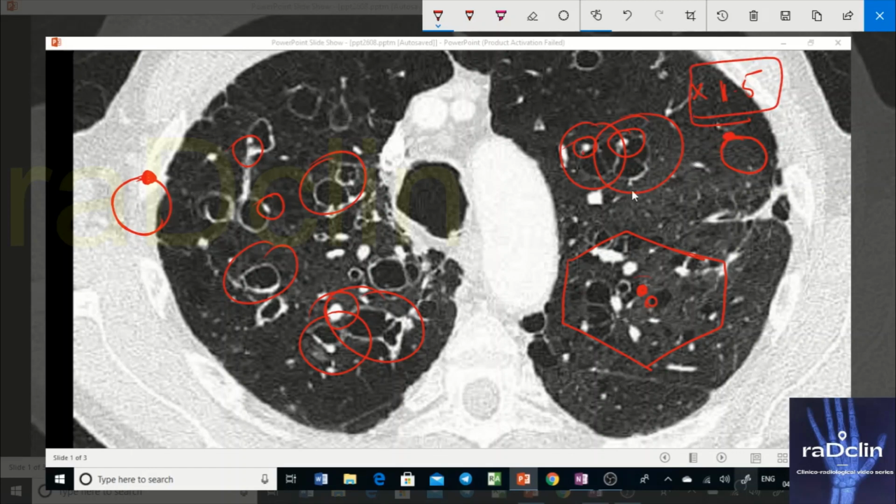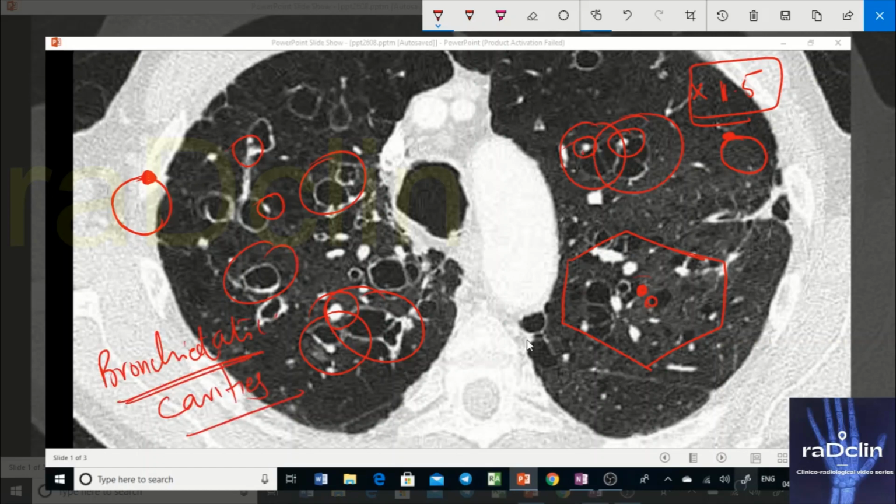So what you are seeing here is the signet ring sign positive, and why it is important. What is the nature of these cavities, or cysts for that matter? These cavities are nothing but bronchiectatic cavities. And how am I able to tell that these are bronchiectatic cavities? One thing is that the signet ring sign is positive here.